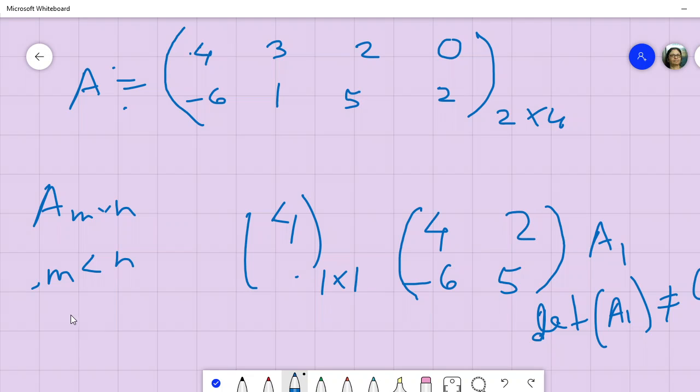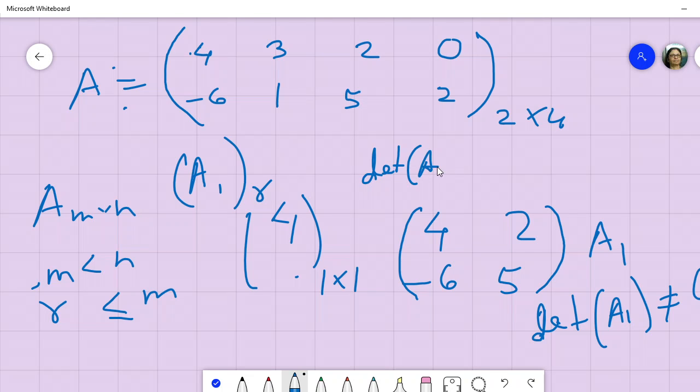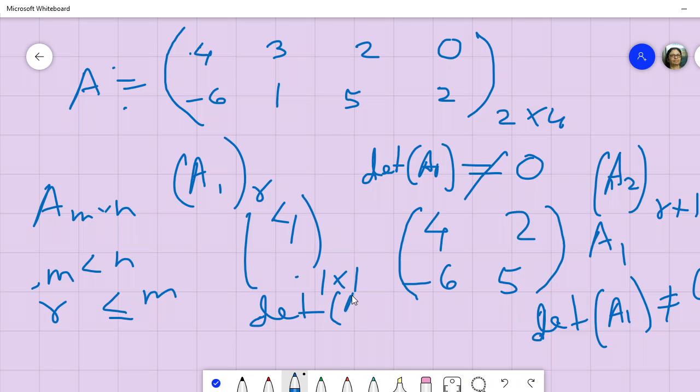Then we define R as a number, R less than or equal to m, such that A has a submatrix A1 of order R with determinant of A1 not equal to 0. And if A2 is of order R plus 1, then determinant of A2 is 0 for all submatrices of order R plus 1.